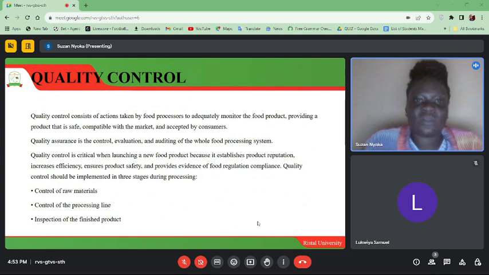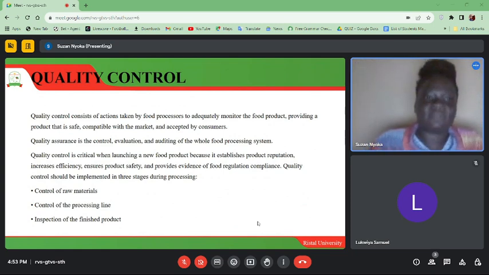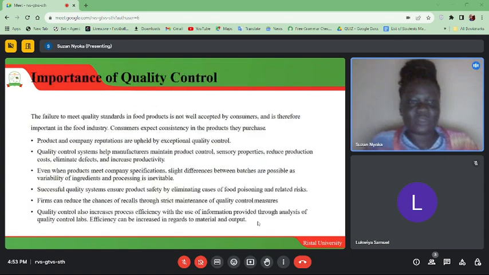You need to consider a lot of things, maybe not using too much chemicals, not overheating and all that. And then you can also control the quality of your products at the inspection of the finished product. When you're finished producing the products, of course, there are some that might be overburnt or some that might be underprepared. There you can try to pick them off instead of taking them into the market.